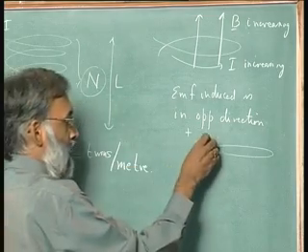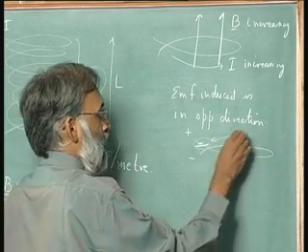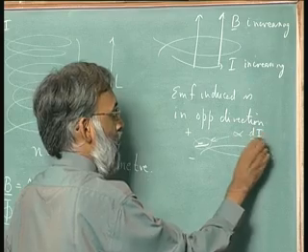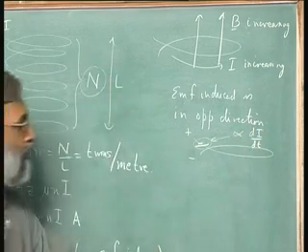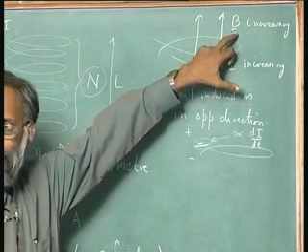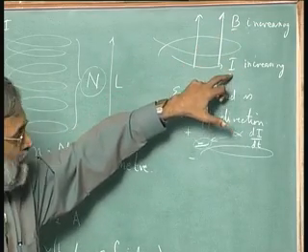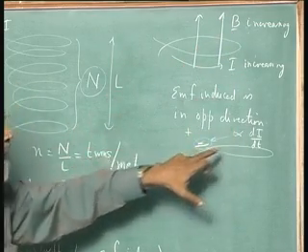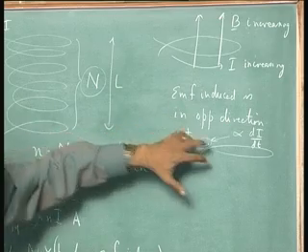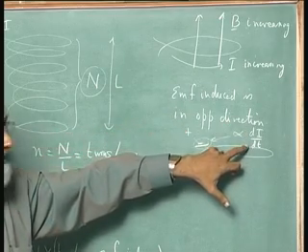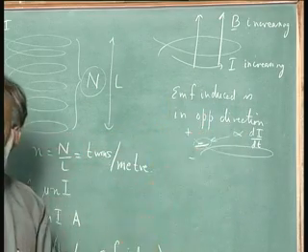This induced battery is proportional to dI dt. If there is no change in magnetic field, there is no induced EMF, and magnetic field increases only if current increases. Therefore, I need to apply a voltage that is proportional to dI dt or proportional to d phi dt.